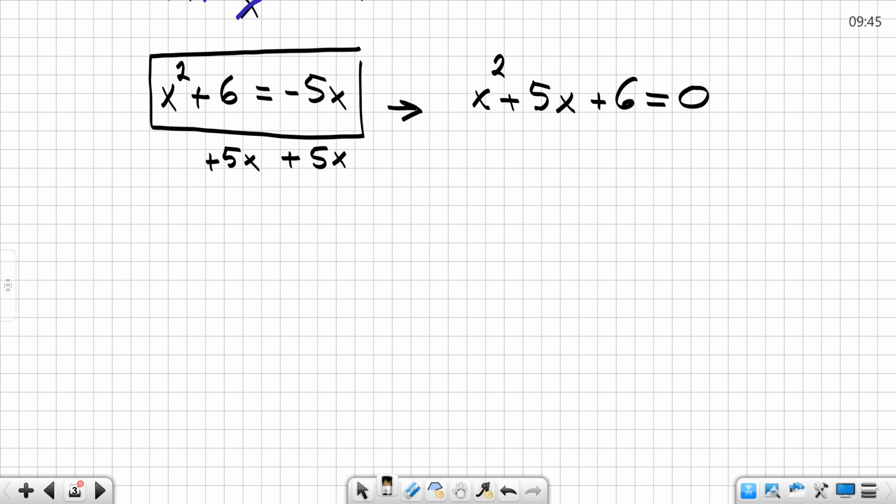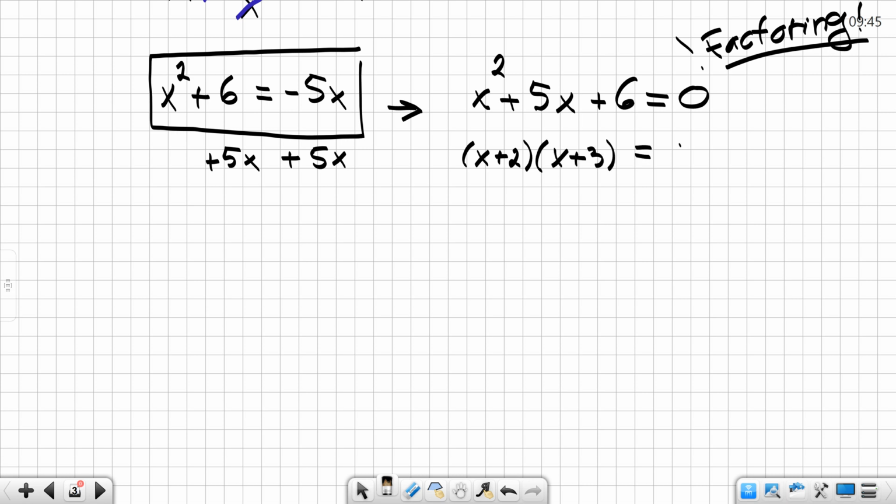This will work out just fine. This is a perfect example because this polynomial can be factored. I have said this before. Factoring will be the most important thing that you need to know how to do. So this is going to be x plus 2 times x plus 3.